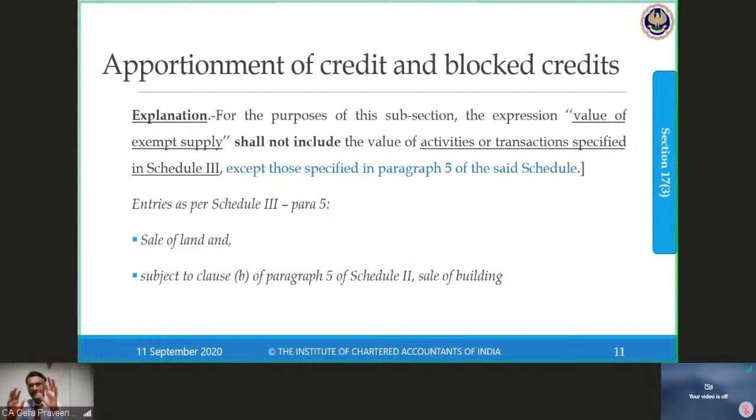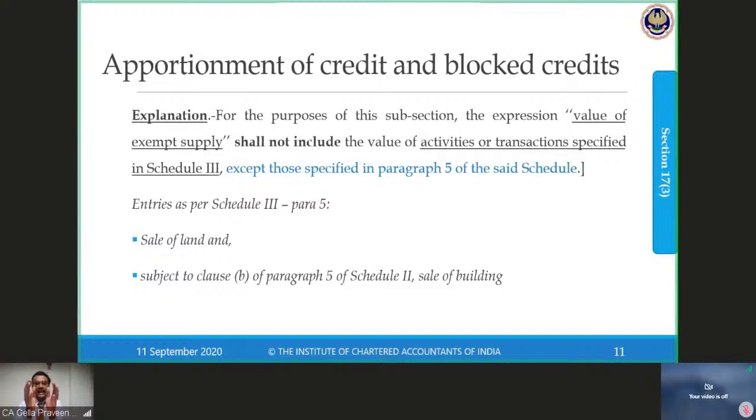Now this is another point. In examination, your questions are tested on this particular explanation. In simple terms, when you look into your profit and loss account, when you look into your sale register, if there is a revenue which is covered under Schedule 3, please don't include that for the purpose of your exempt supply, except sale of land and building.